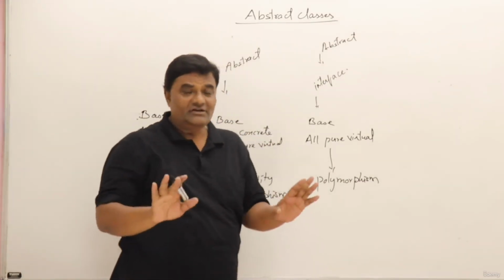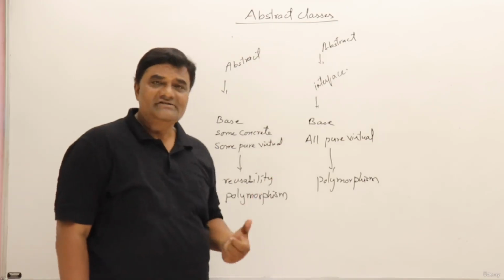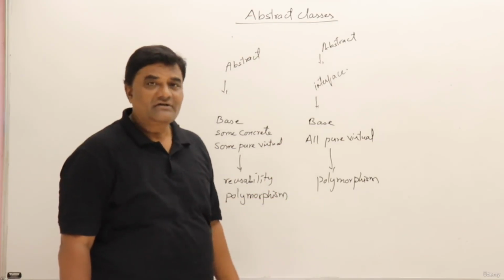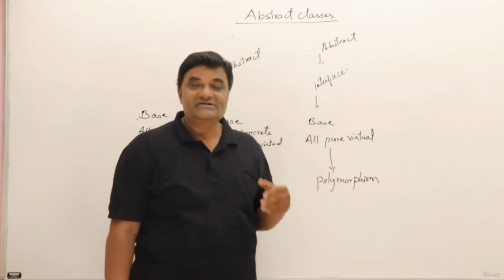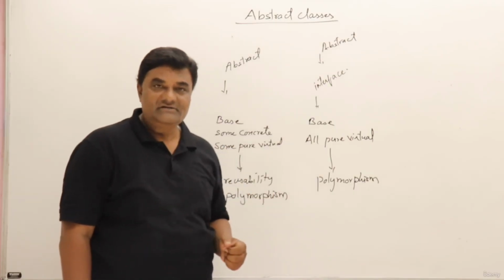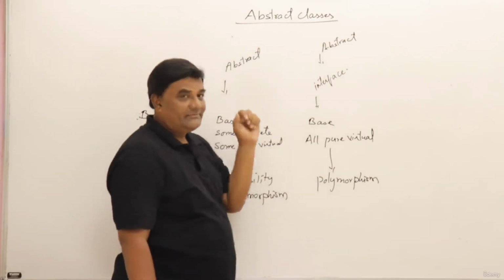It's a class only, it's not anything different. It's a class only, but we are saying it's an interface. Reason, the only purpose is to achieve polymorphism. That's why we are calling it an interface. Interface is not a keyword in C++, we are just giving it a category name. So it's an abstract class, this is also an abstract class.